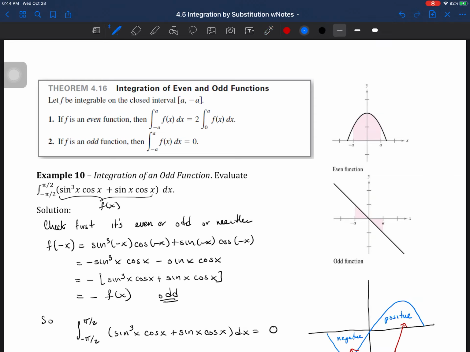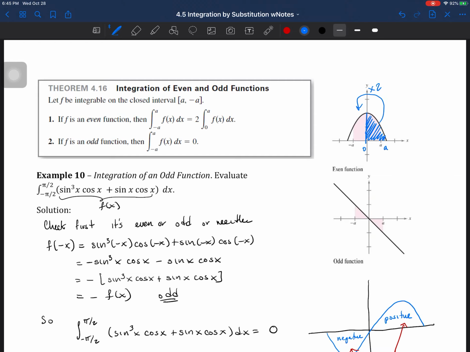If you notice, if you're even, that means that you're symmetric with respect to the y-axis. So this is equal to this. If those two are the same thing, why don't we cut it from 0 to a, find this area, and then double it?